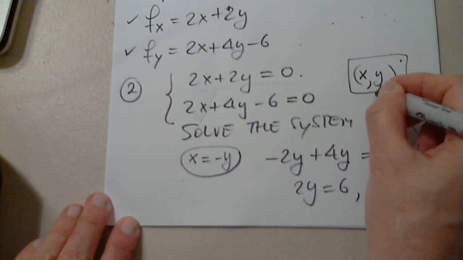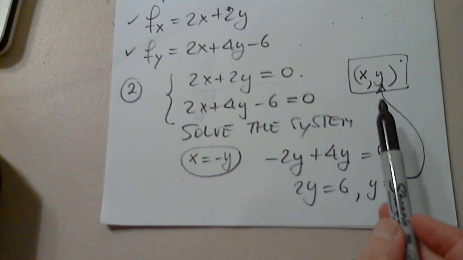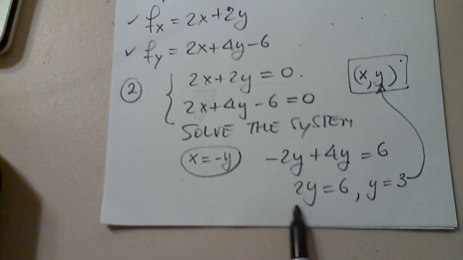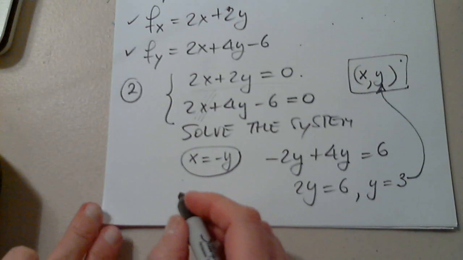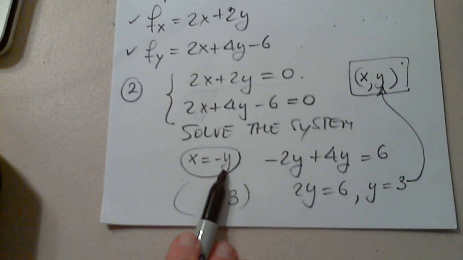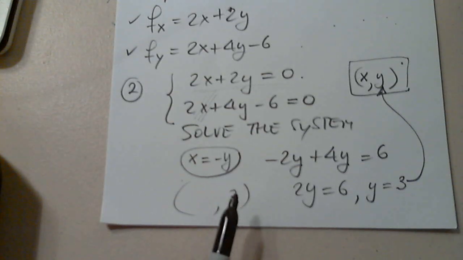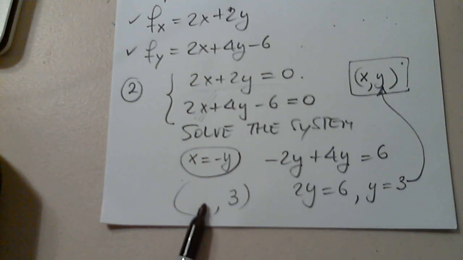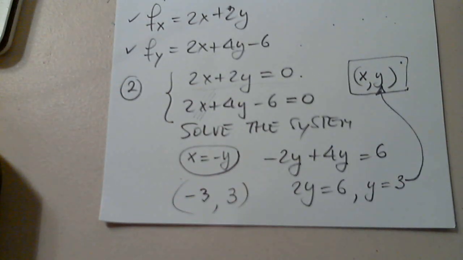I have the y coordinate. Now I need to determine the x coordinate. What will the x coordinate be? X equals the opposite of y. Y is 3. What will be the x coordinate? Negative 3.